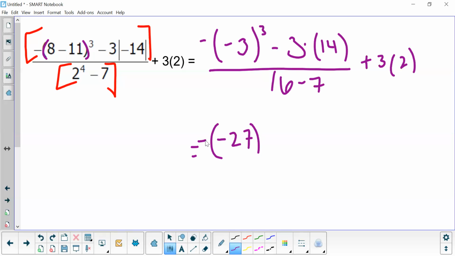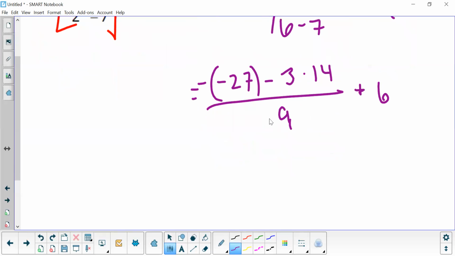And then we still have that minus that's out here. -3 times 14 over 16 minus 7, which is 9. And mind you, I am using a calculator. I encourage you to do that for like the simple operations. And then it will be plus 3 times 2, which is 6.